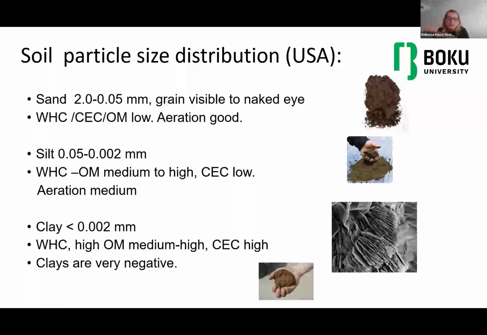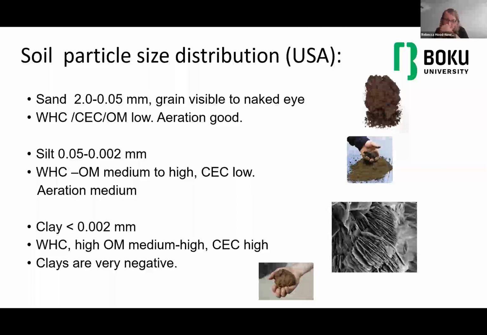And then the silt. If we rub it on our hands, we can see it's very shiny, and we can always tell the silt. It's always got a bit of a glitter, and it's a bit smaller, 0.05 to 0.002 millimeters.